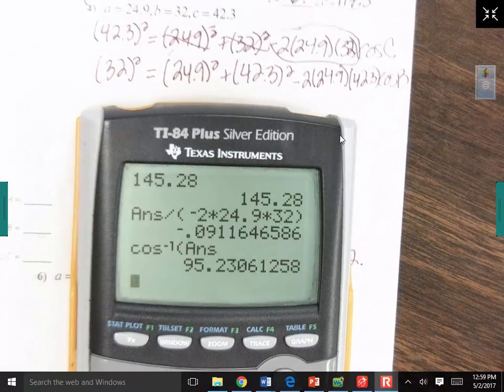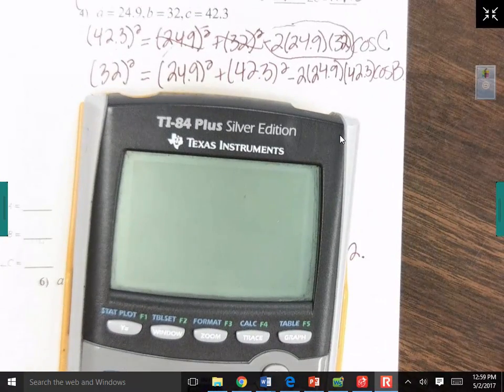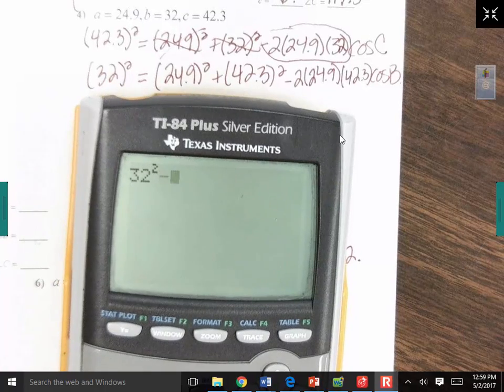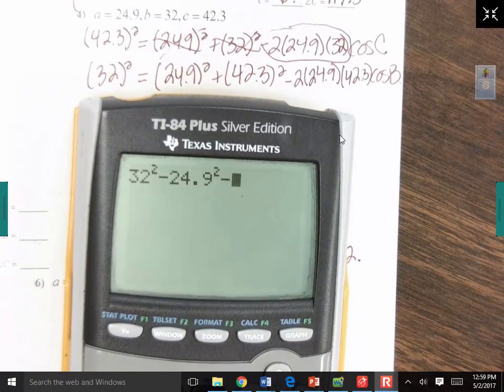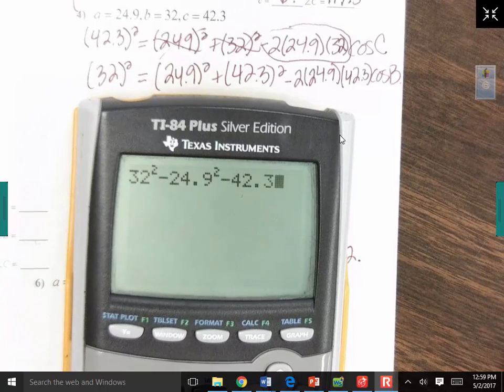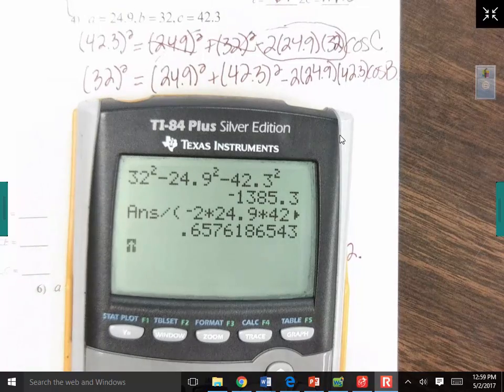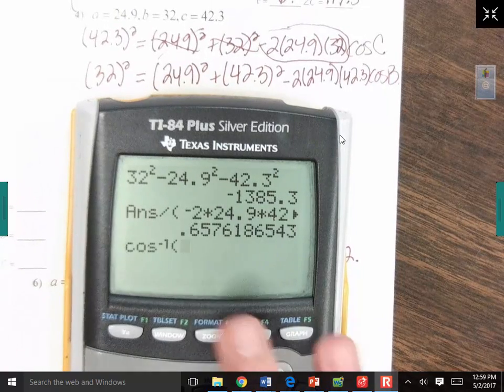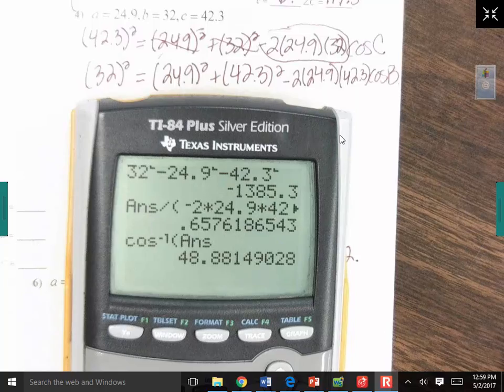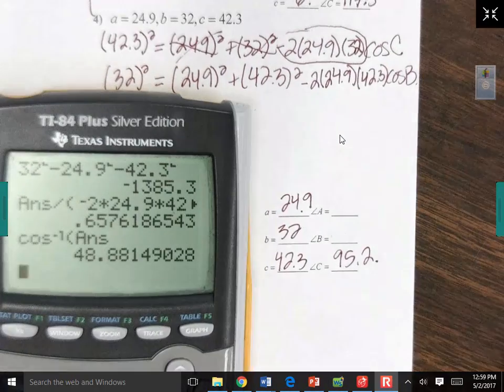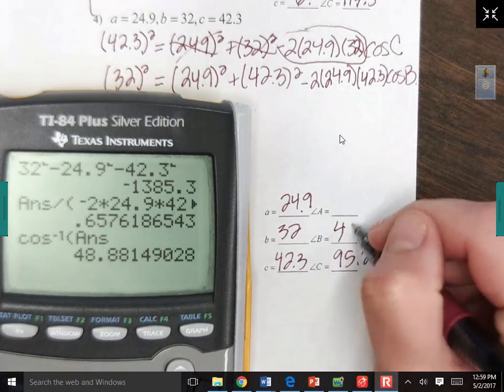So here we go. 32 squared minus 24.9 squared minus 42.3 squared. And then we divide that by -2 times 24.9 times 42.3. And then we take the cosine inverse of that, and we get 48.9 degrees. Is that what y'all got, for those of you working ahead?